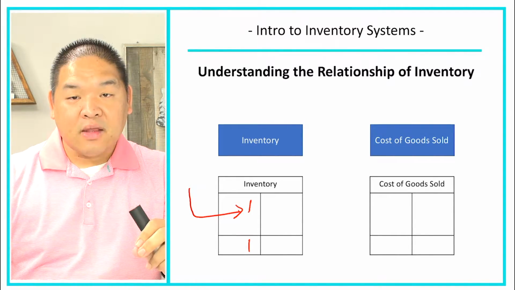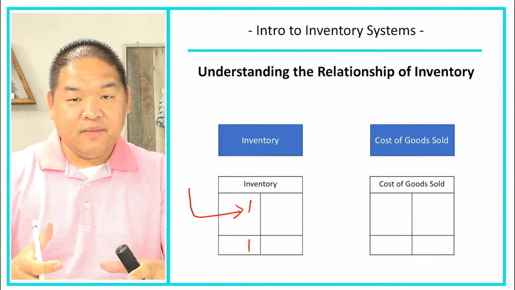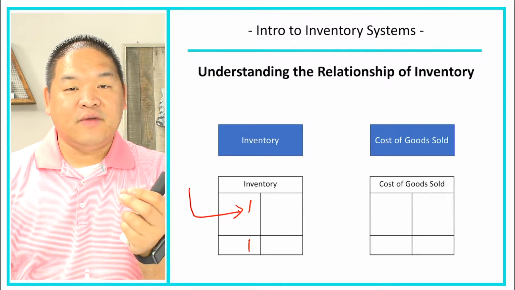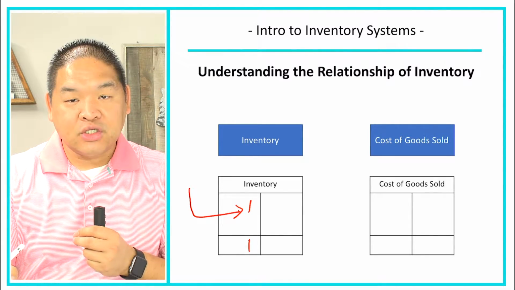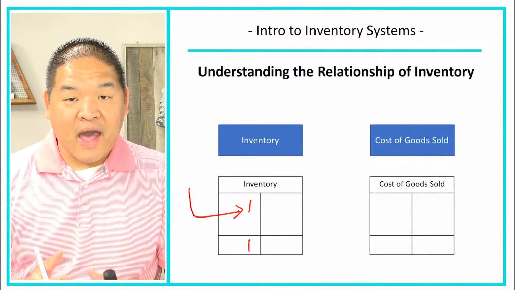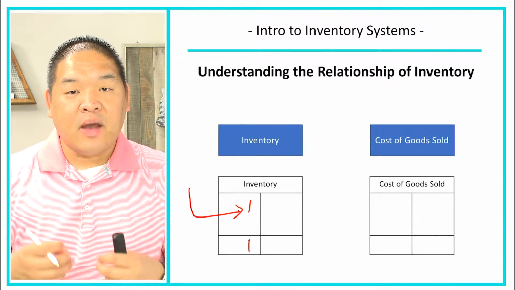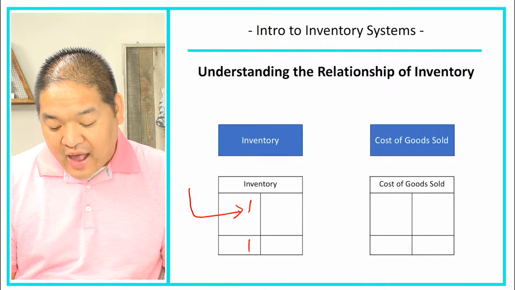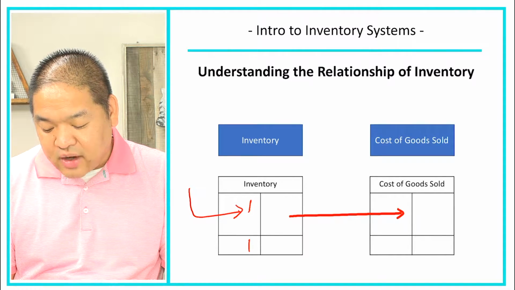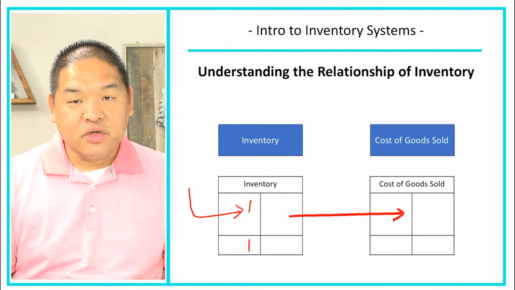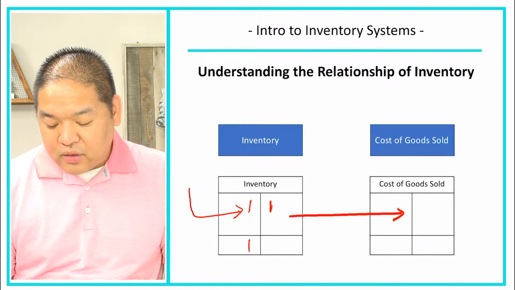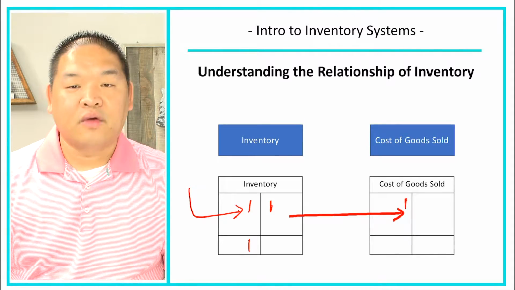When we do sell it, we're going to take the cost of it, in this case $1, and transfer it out of inventory into cost of goods sold. The way that we do that is through a journal entry. We are going to credit inventory for that $1, and then we will debit cost of goods sold for $1.